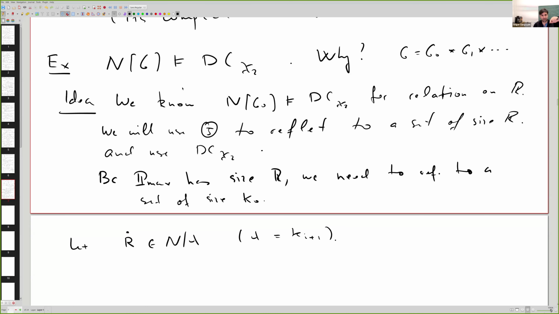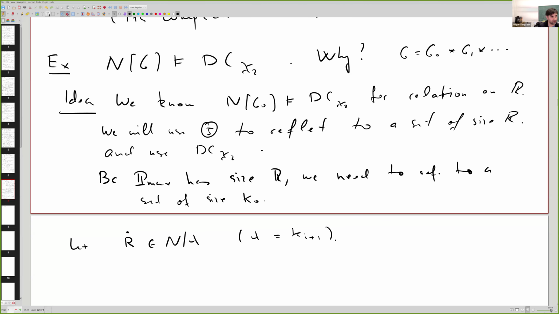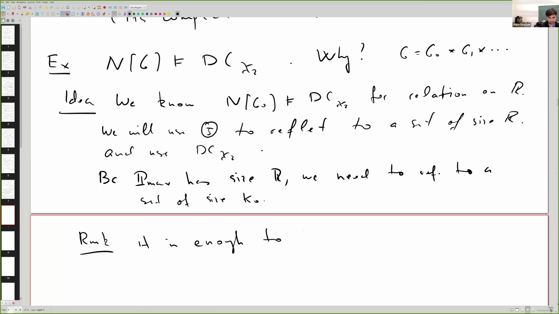I should make that remark before I go on because it will confuse. It is enough to show NG0 satisfies DC Aleph 2.